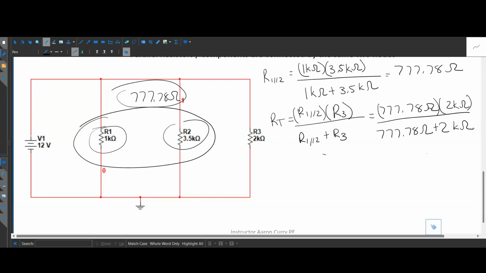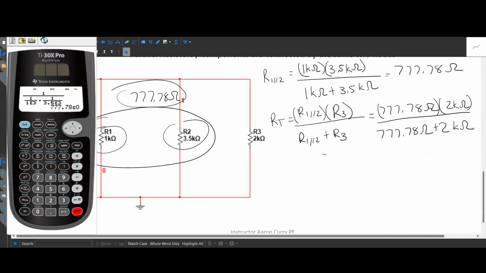We plug that into our calculator: 777.78 times 2 e to the 3 divided by 777.78 plus 2 e to the 3. And you get 560 ohms.